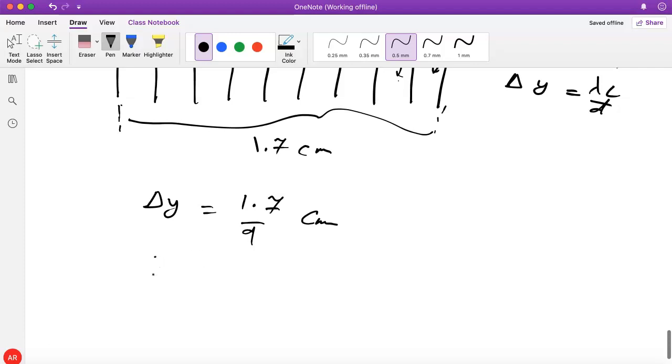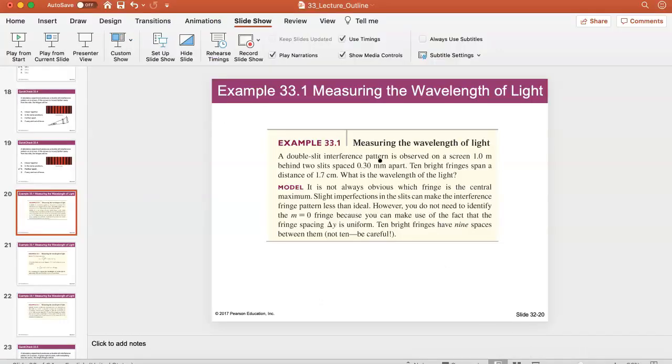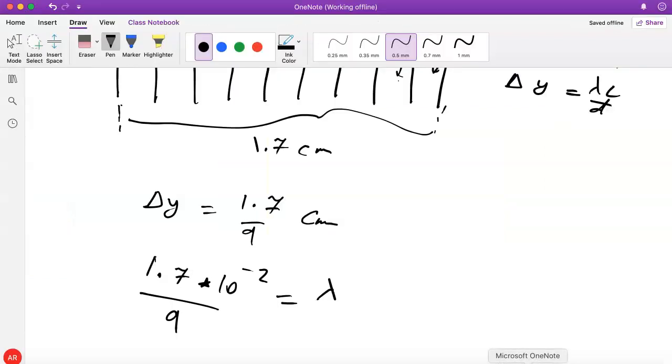lambda L over d. So 1.7 times 10 to the minus 2, let's work with meters, over 9, is going to be lambda. L was 1 meter, and d is 0.3 millimeters, so over 0.3 times 10 to the minus 3.